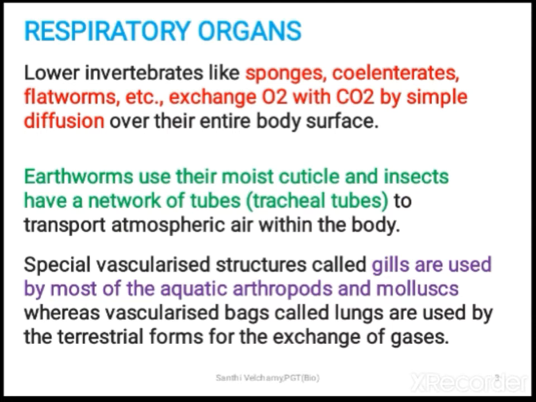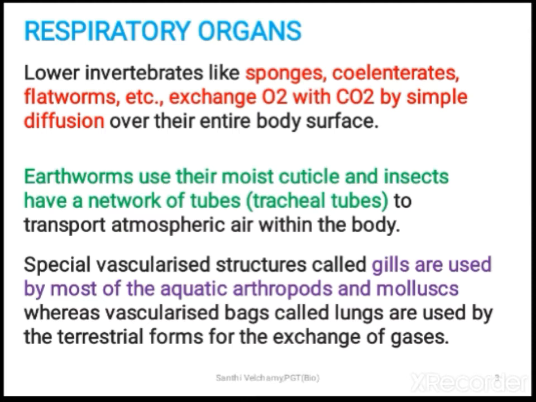In the case of insects, a special tracheal system is there inside the body, and through the tracheal system atmospheric air moves inside the body, exchange of gas occurs, and later it is exhaled out. They don't have the lungs or any specialized structure, they have only tubes.